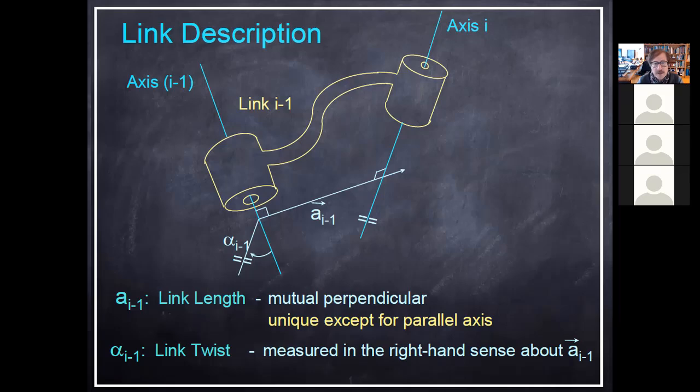Now we have two axes here, axis i-1 and axis i. These axes are where my z axes are going to be in my xyz coordinate system.